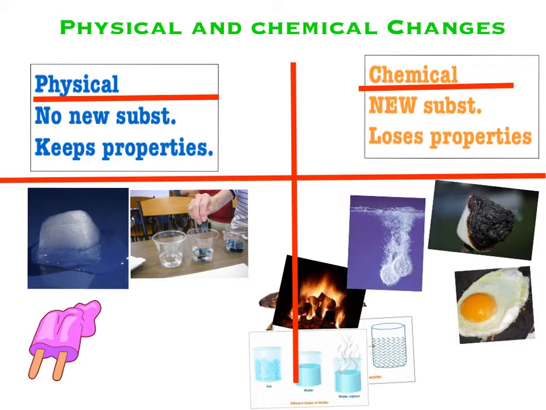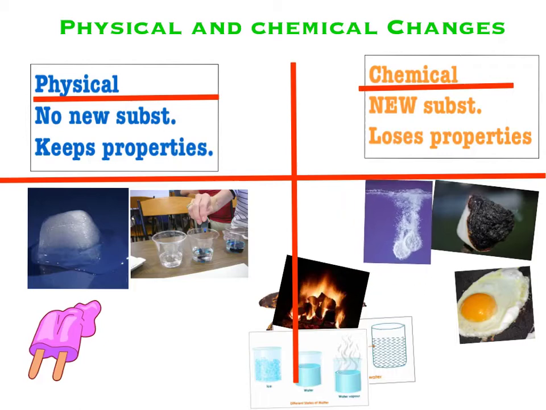Alka-Seltzer fizzing. Alka-Seltzer is a tablet, and what's been given off in this Alka-Seltzer reaction are bubbles. And bubbles are evidence of a gas created. So the gas created makes it a chemical change because that is a new substance.